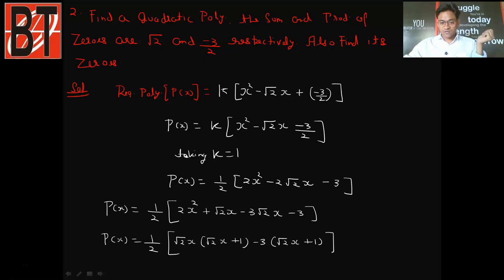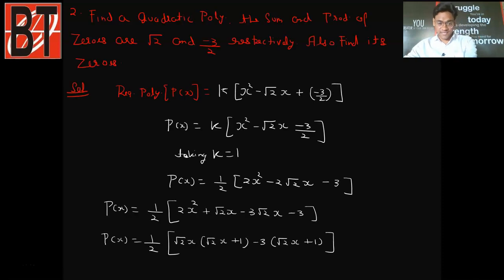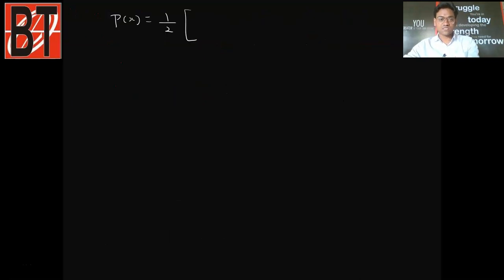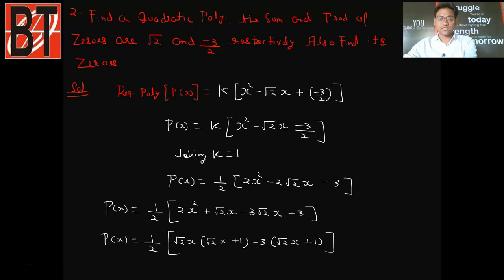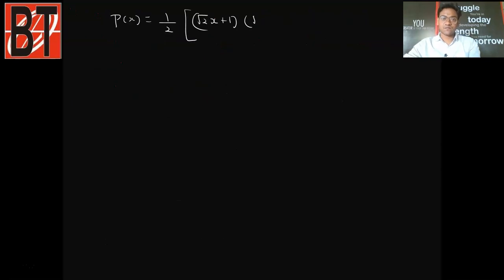Okay, now students, let me complete it. See, half is just outside the bracket. Okay, and then the one factor is root 2x plus 1, and the another factor is root 2x minus 3.